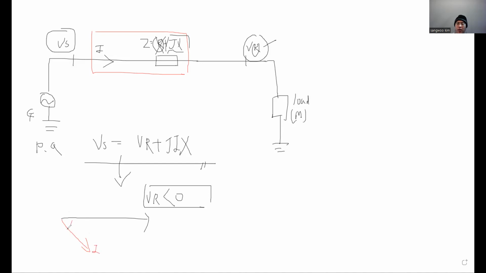So I here is at angle theta, right? But we want to know this j. j is, as I said, guys, j precedes by 90 degrees, and a precedes by 120 degrees.